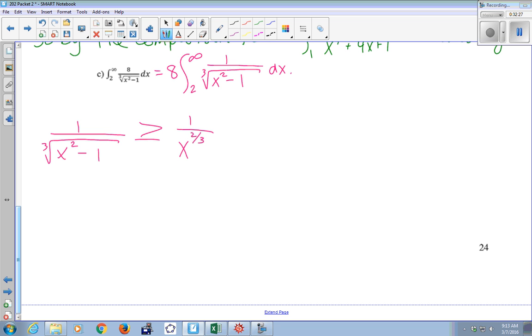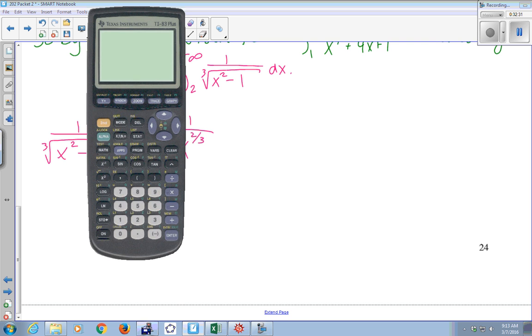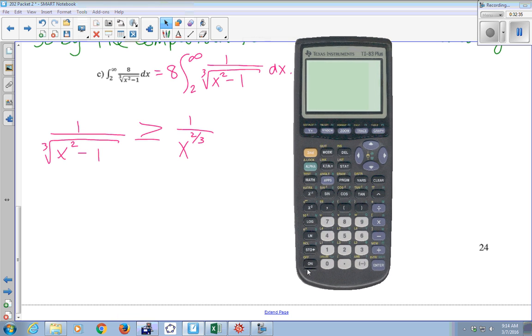And again, this is like the hardest part, I think. It takes a lot of thinking. But if you need to, you can always type into your calculator. Like, what if I put in a 10 here? If I do 1 over the cube root of 10 squared minus 1, I get some small number, right?